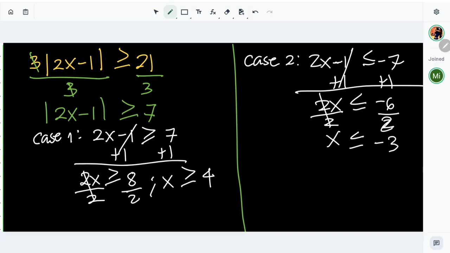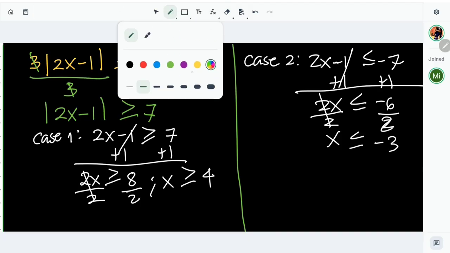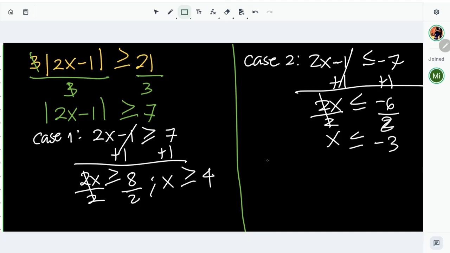Right? So our final answer here would be x is less than or equal to negative 3, or x is greater than or equal to 4.